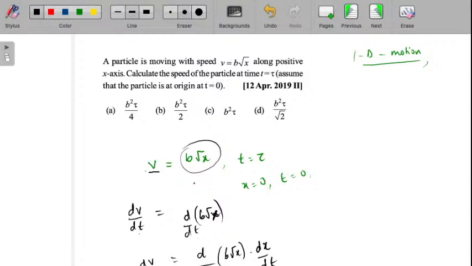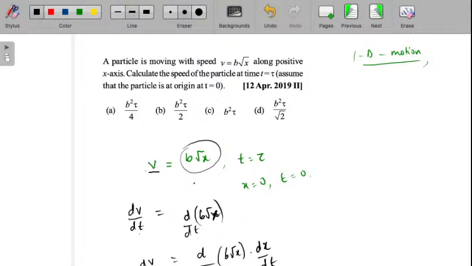d by dx of b root x is going to be b times d by dx of x power 1 by 2.